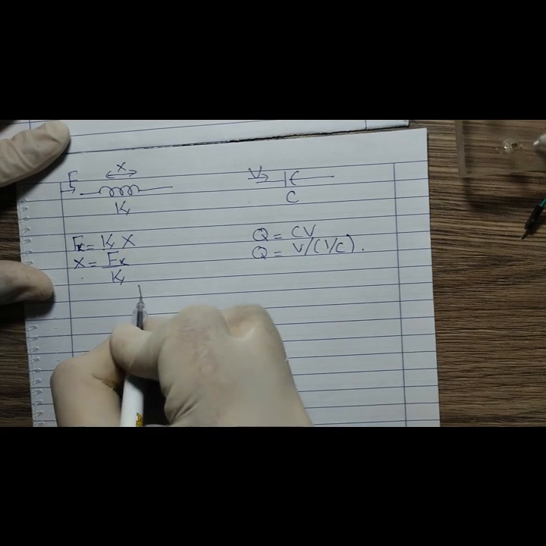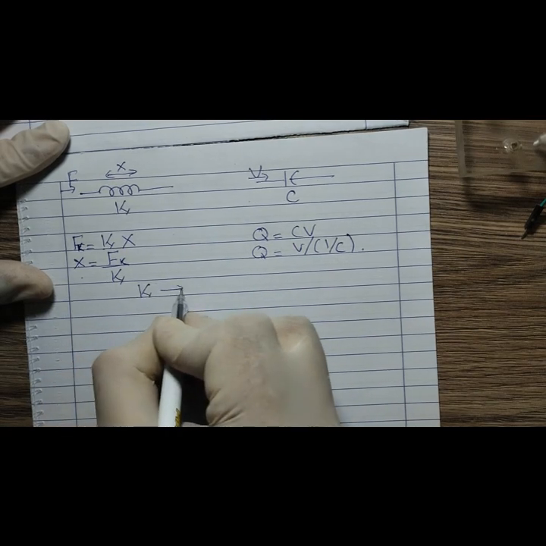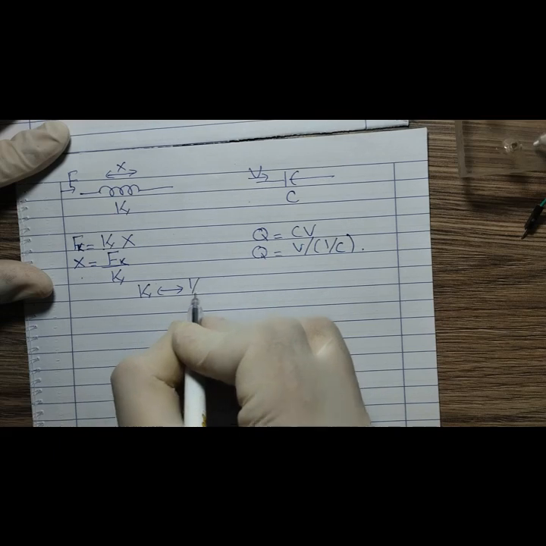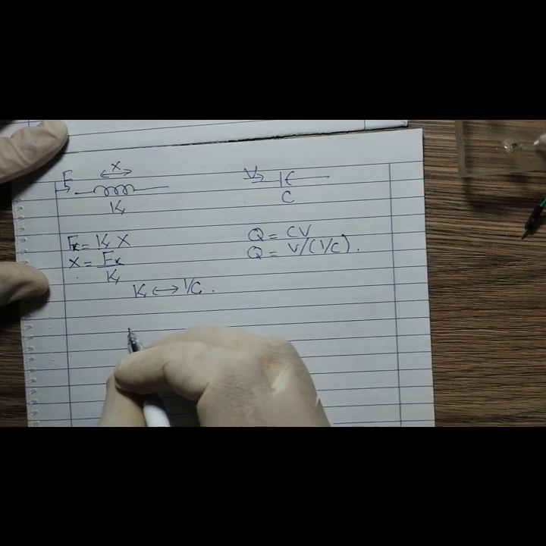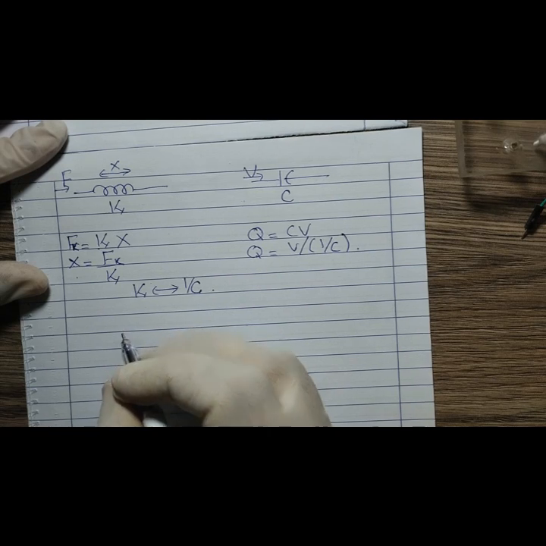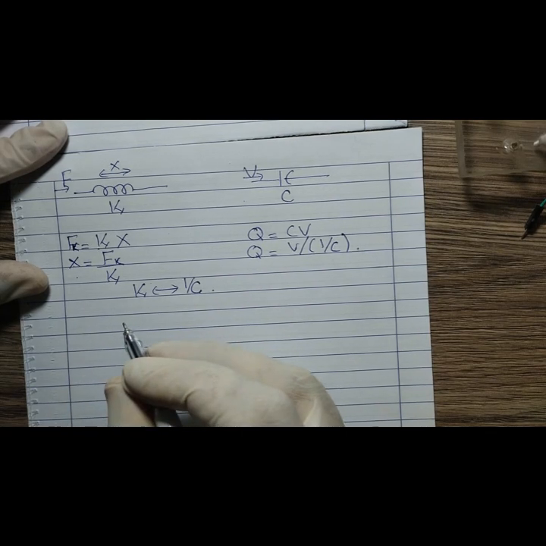The only difference is that K is inversely related to the capacitance. So this is the whole analogy between the components of the electrical network and the mechanical network.